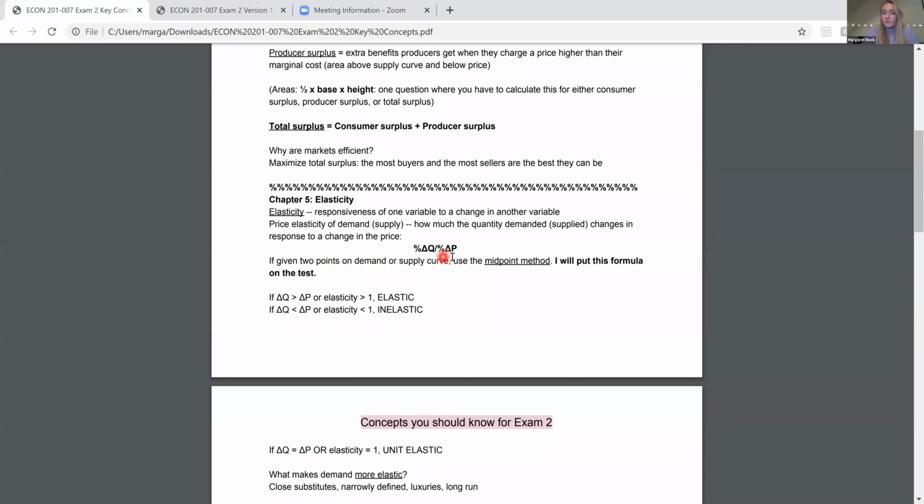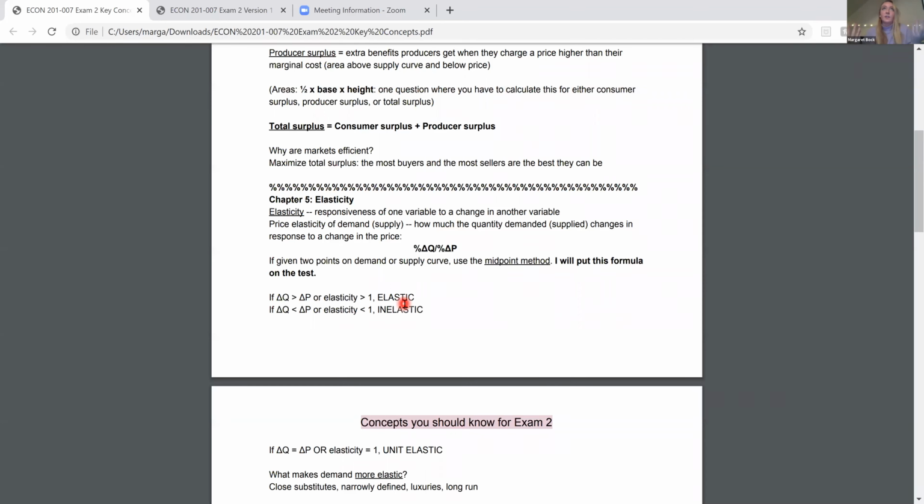So if this denominator is the same for both young people and older people, and the numerator is much, much bigger for younger people compared to older people, we can say that this ratio is probably going to be bigger than 1 for younger people and maybe less than 1 for older people. So youth smoking seems to be more elastic compared to adult smoking, which is more inelastic.